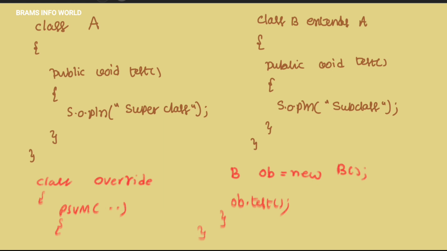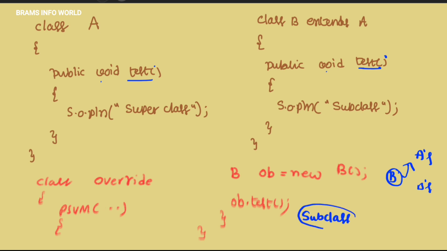See, we know that in the concept of inheritance, class B can access A's data as well as B's data, but here you can clearly observe that both test methods are the same. So when both methods are the same, with the same data type and the same arguments, then automatically the JVM calls the subclass method.